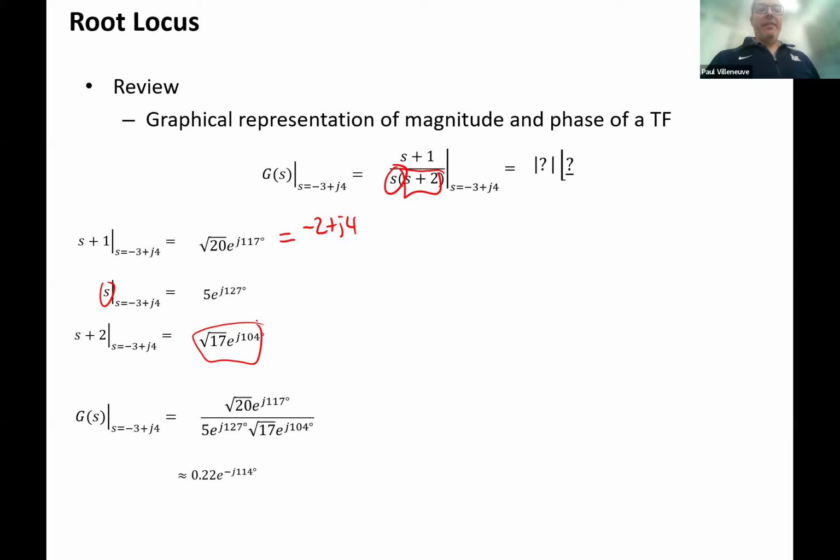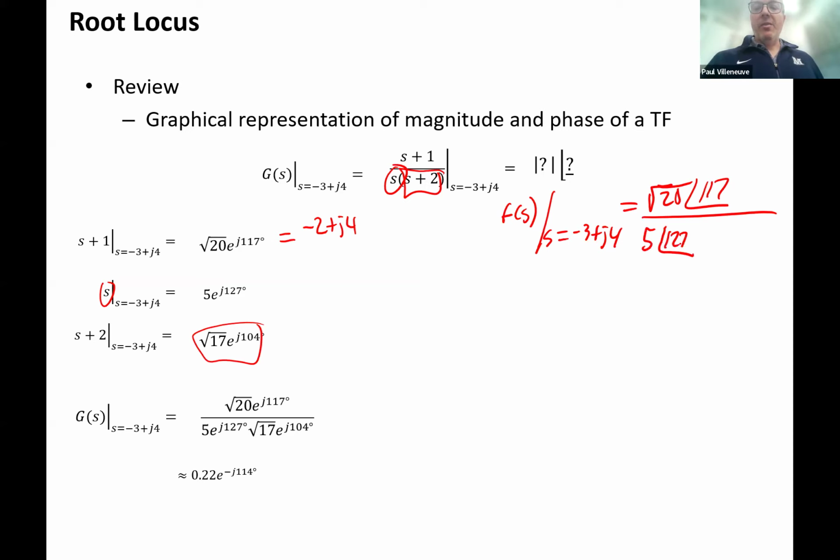So when all is said and done, my transfer function evaluated at S equals -3 plus J4 is going to be equal to square root of 20 at an angle of 117 divided by 5 at an angle of 127 times square root of 17 at an angle of 104.